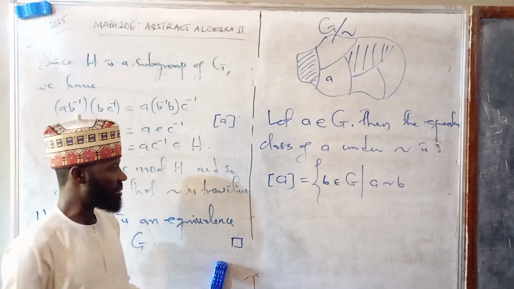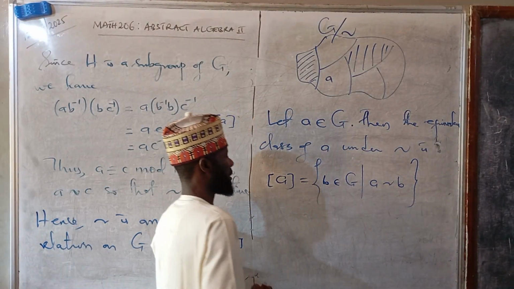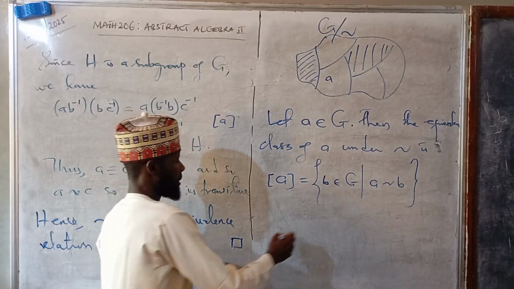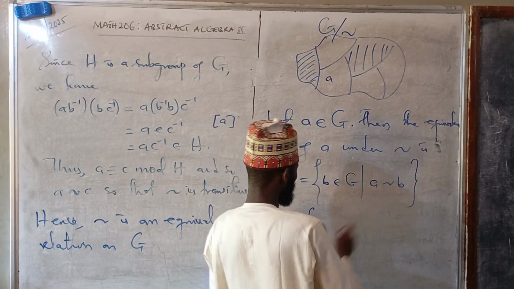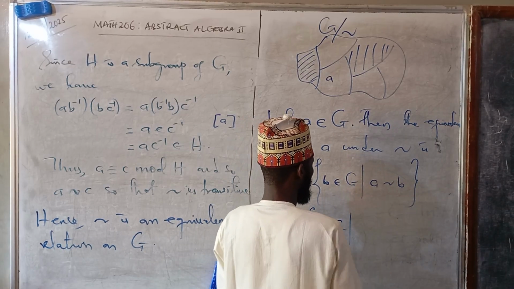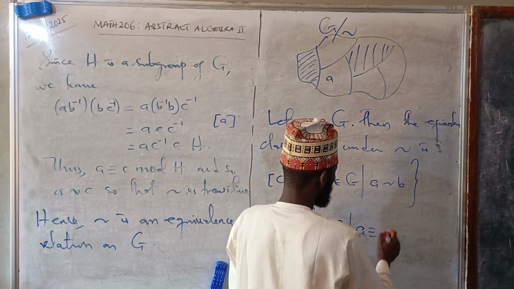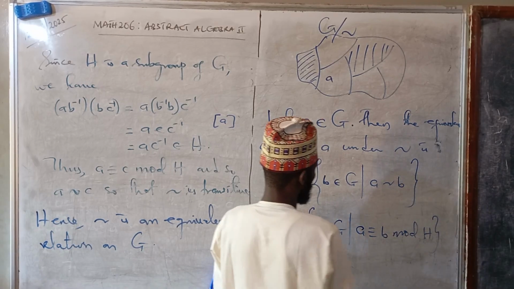Whenever B relates to A, A relates to B; it doesn't change anything. So this is the set. But then, because you have a definition for your relation, you can say B in G such that A is congruent to B modulo H. That is what is meant by being related.